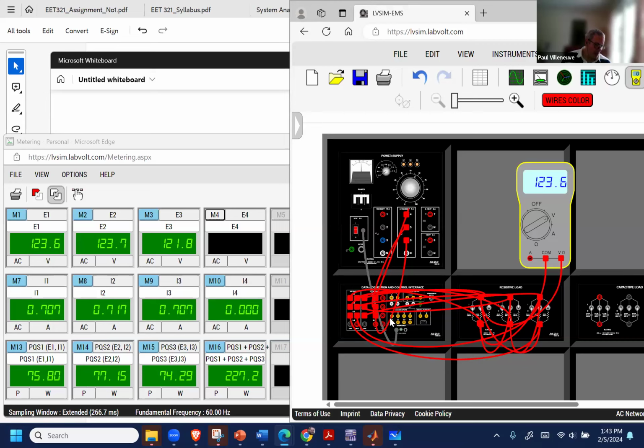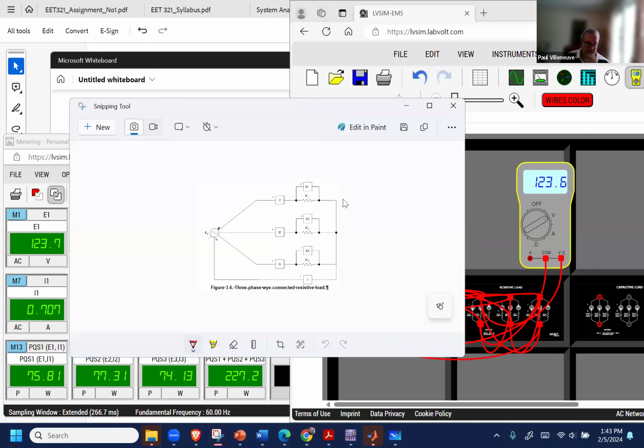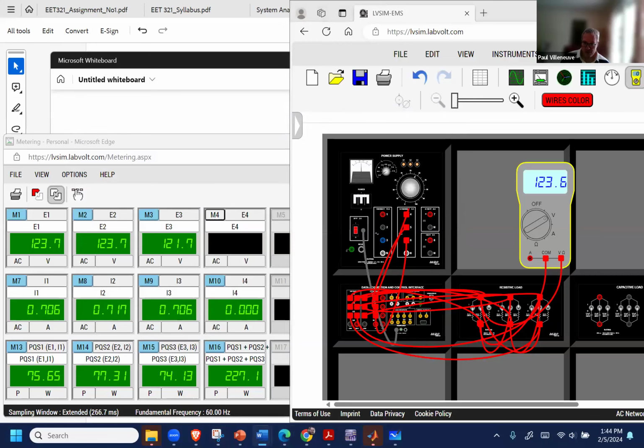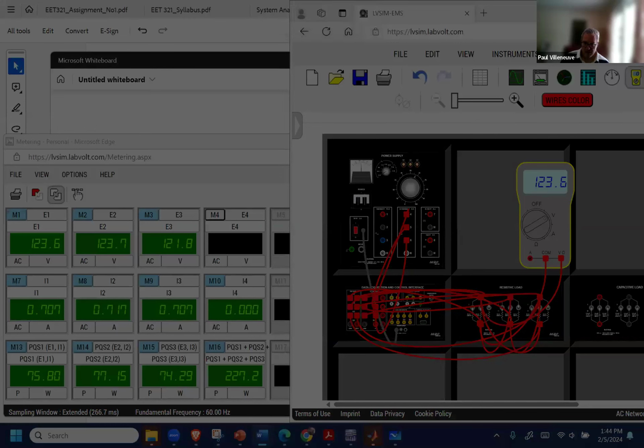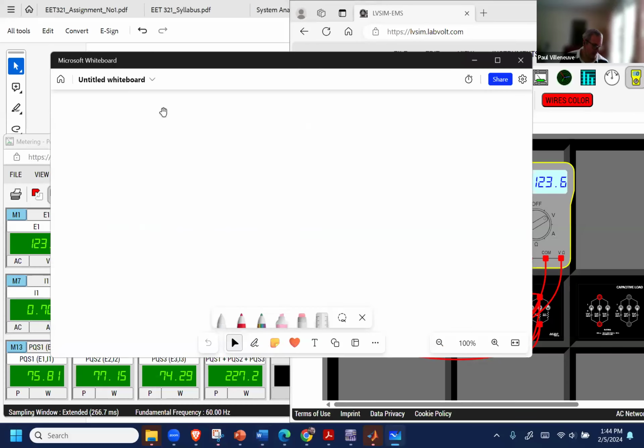So I'm going to pause for 5 minutes and give you all the opportunity to go ahead and set your circuit up. So again, just follow through with the delta, measure the line currents going in. And let me put this up over here so you can see. Sorry that I had to kill whiteboard, but it wasn't working. So let's paste that here.